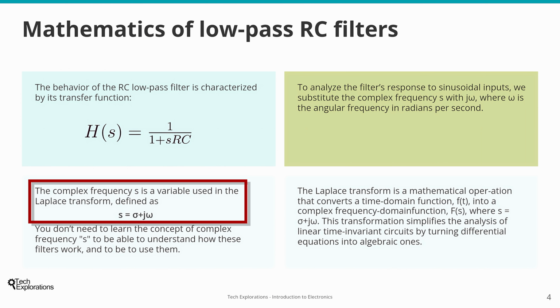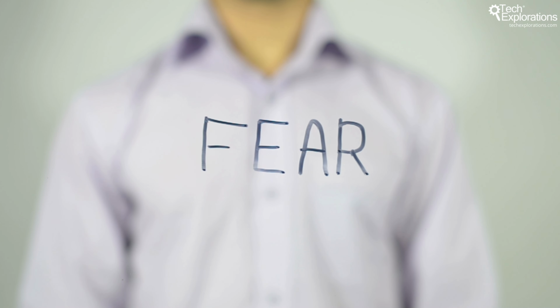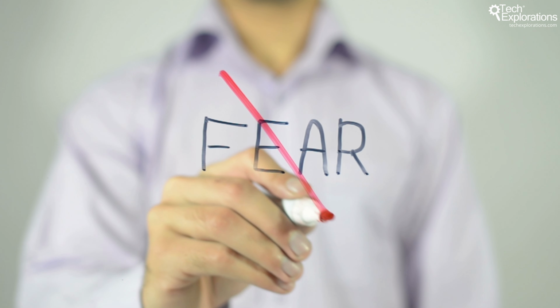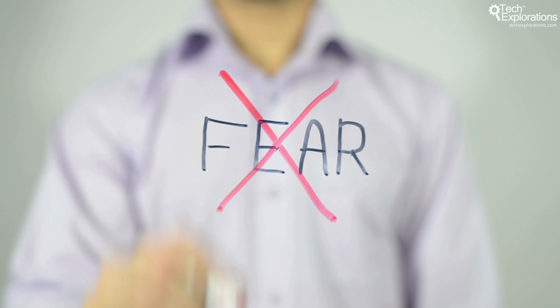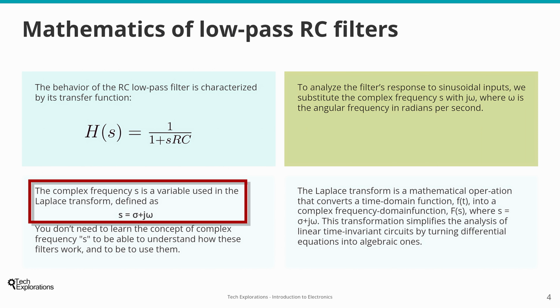It combines an exponential decay or growth component, denoted by the Greek letter sigma, with an oscillatory component, which is the omega, making it essential for analyzing the behavior of linear time invariant systems. Thankfully, as a new student of first order filters, you don't need to learn the concept of complex frequency S to be able to understand how these filters work and to be able to use them.